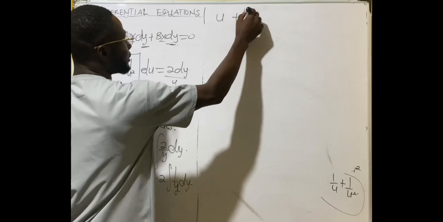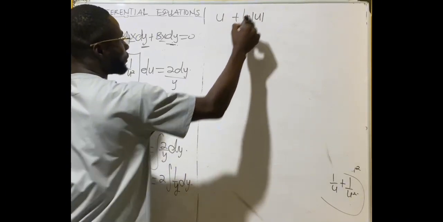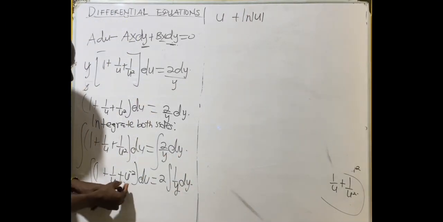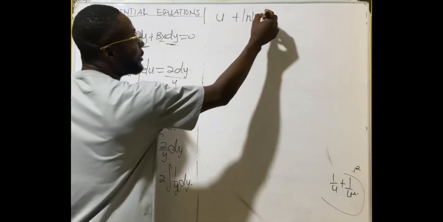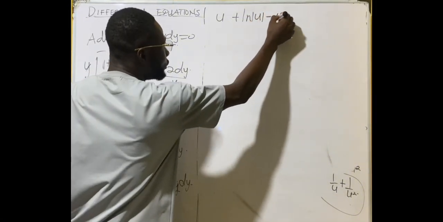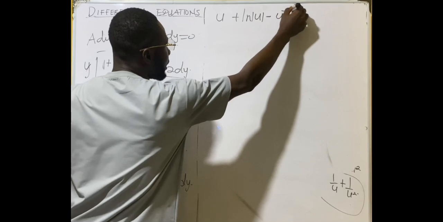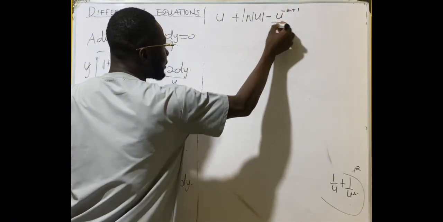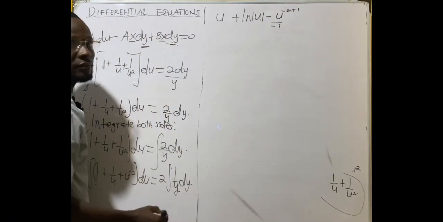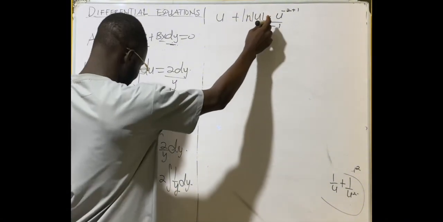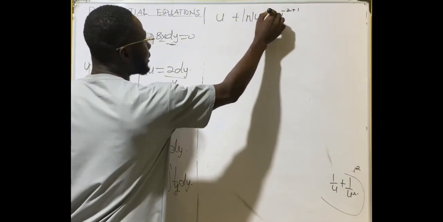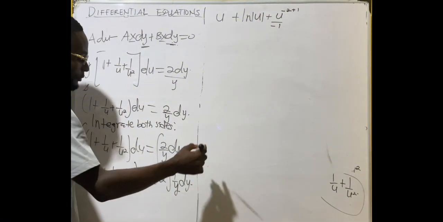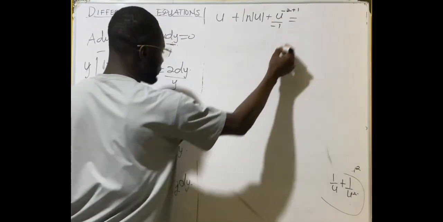So you have plus ln absolute u, plus when you integrate u to the negative 2, you're going to have u to the negative 2 plus 1 divided by what? Negative 1, right? Divided by negative 1.